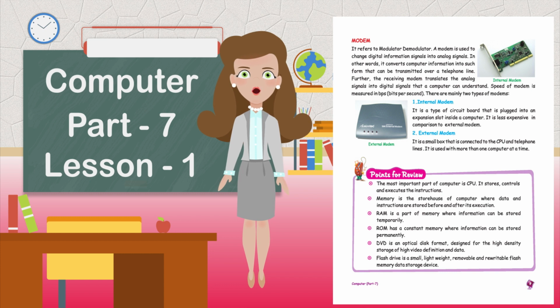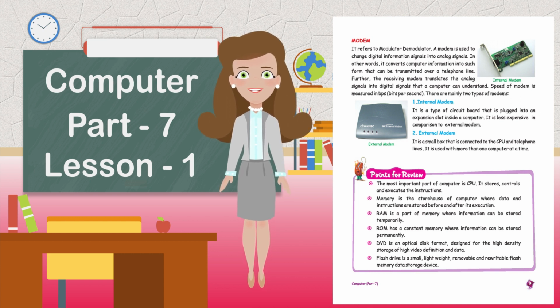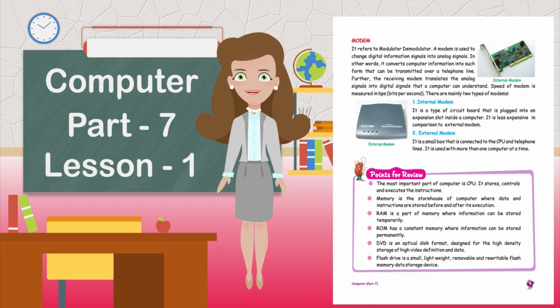Points for review. The most important part of the computer is the CPU. It stores, controls and executes the instructions. Memory is the storehouse of the computer where data and instructions are stored before and after their execution. RAM is a part of memory where information can be stored temporarily.